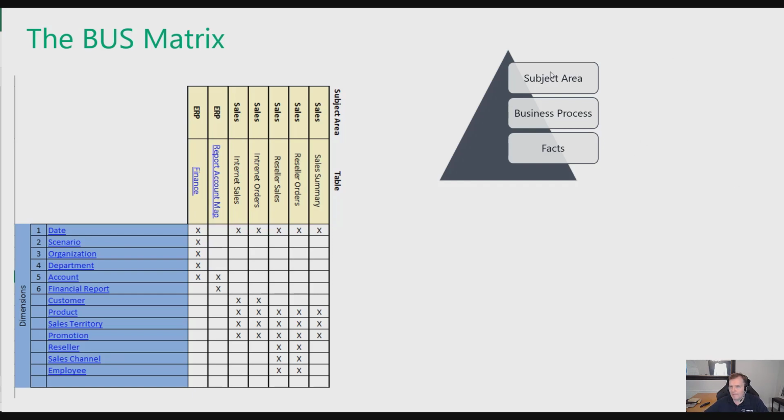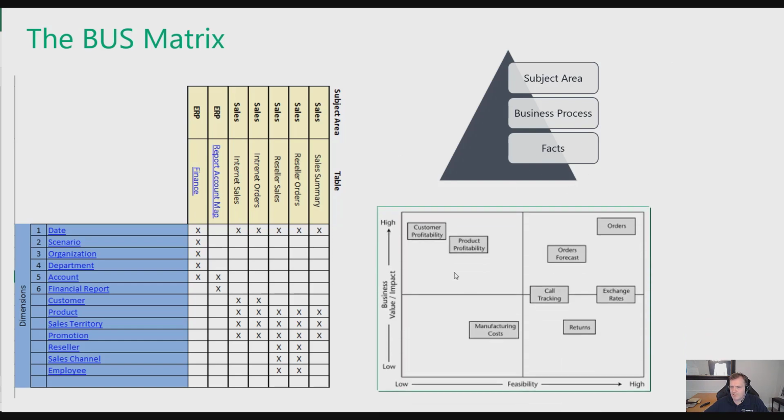So after we've gone from the subject area to the business process to the field level data, we might make a prioritization matrix where we look at all the business processes or the subject areas and decide which one has the highest feasibility with the highest business impact. Usually accounts and sales are going to be very, very high up there, right? Okay, so that's how we start.